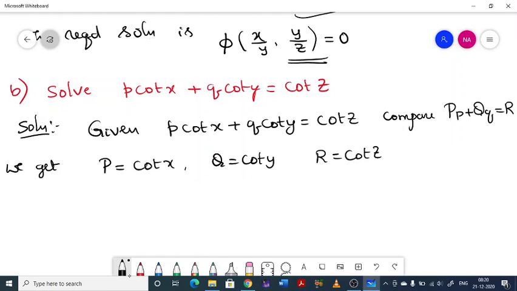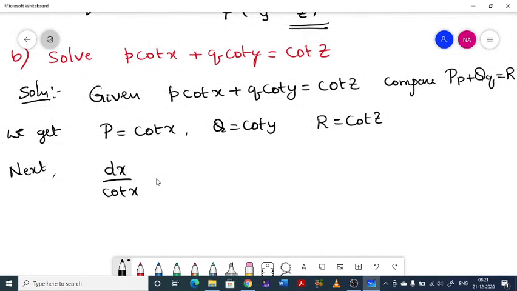Now writing this in the form, next dx by P, that is cot x, then dy by Q equal to dz by R, that is cot z.